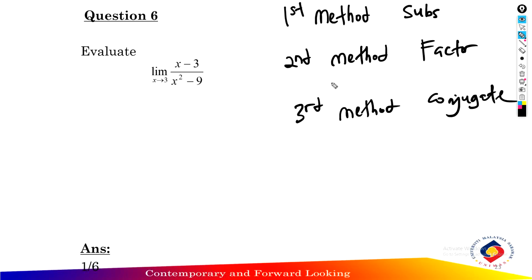The first method to solve the limits of a rational function is the substitution method.